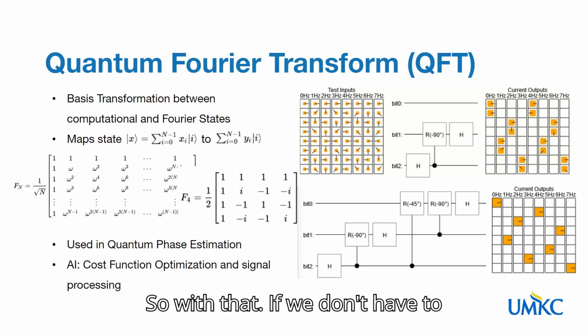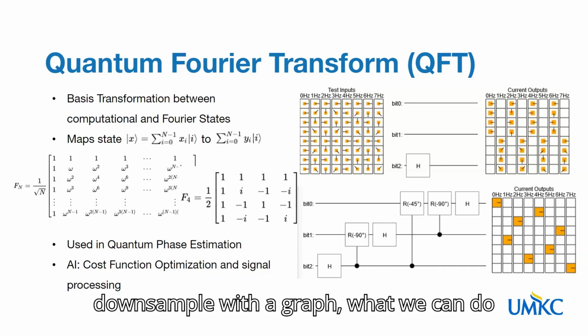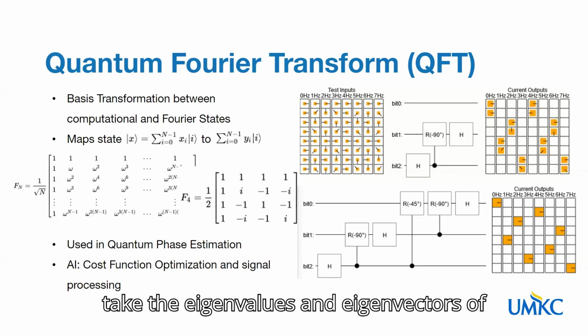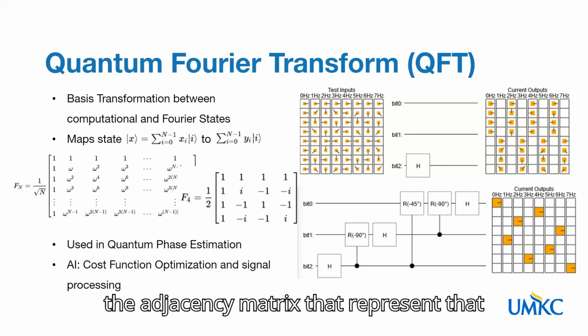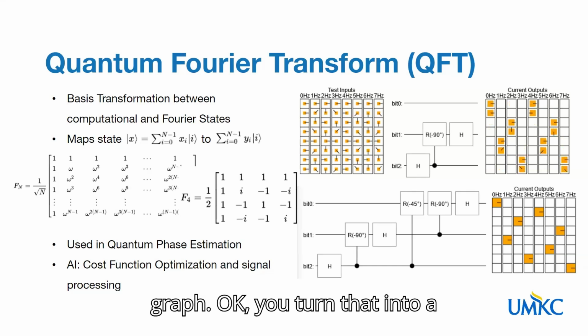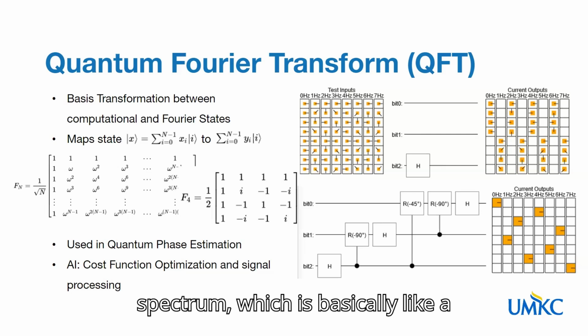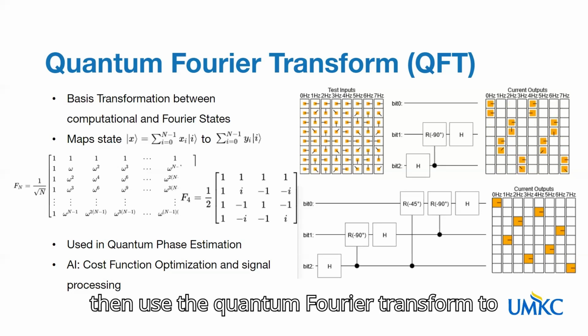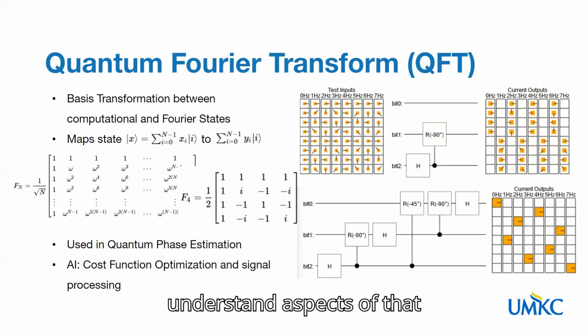So if we don't have to downsample a graph, we can use things like spectral techniques. You take the eigenvalues and eigenvectors of the adjacency matrix that represents that graph. You turn that into a spectrum, which is basically like a frequency wave. And with that, you can then use the quantum Fourier transform to understand aspects of that characteristic wave.